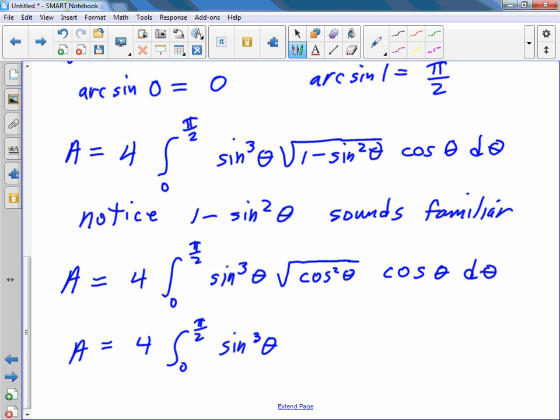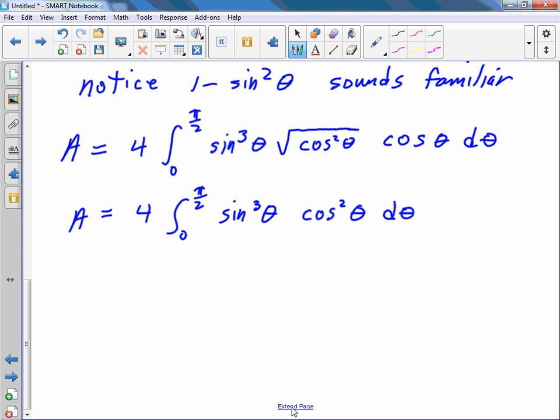Colton, very good. Because what's the square root of cosine squared theta? Cosine theta. And cosine theta times cosine theta is cosine squared theta. Good. I love this group effort.